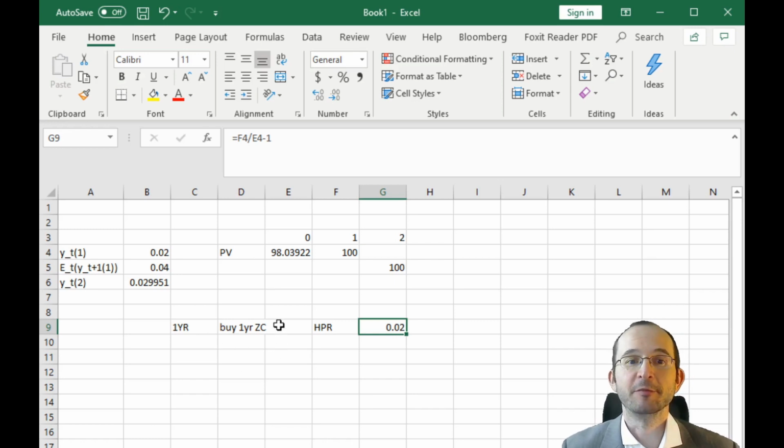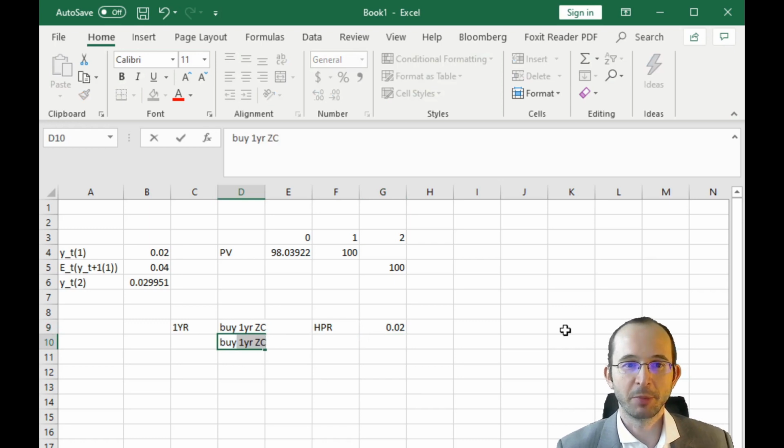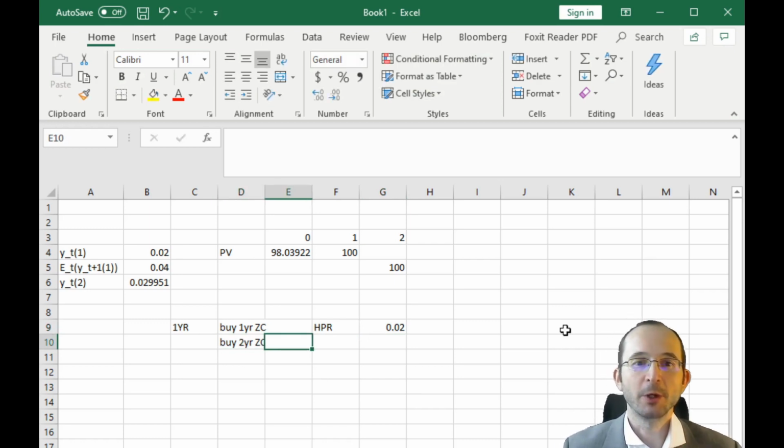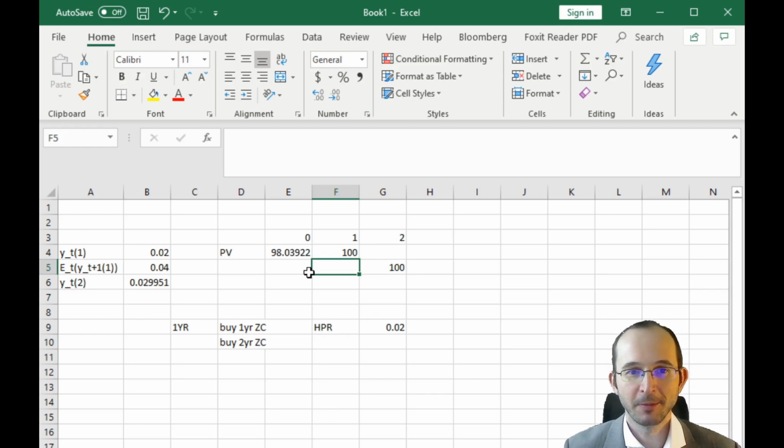But how else could we have made a 1-year investment? Well, what we could have done is we could have bought a 2-year zero coupon, and we could have sold it at the end of year 1, right? So let's see what the holding period return on that would be.